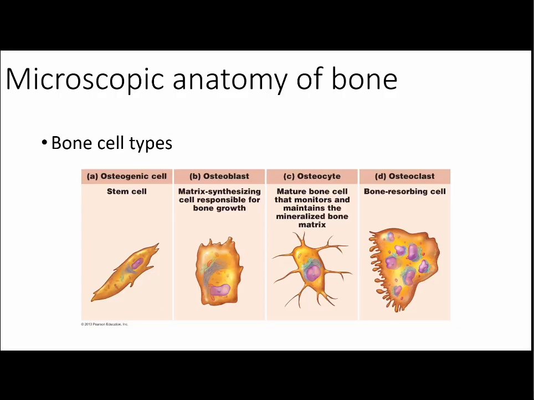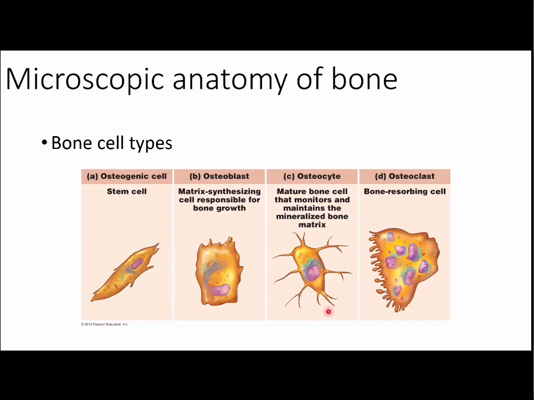So they're stimulated, they secrete this matrix. At some point, they are actually going to end up being surrounded by the matrix that they've secreted. So they kind of wall themselves in, these osteoblasts. And at that point, they're going to turn into osteocytes. So your osteocytes, your book refers to them as spider-shaped.